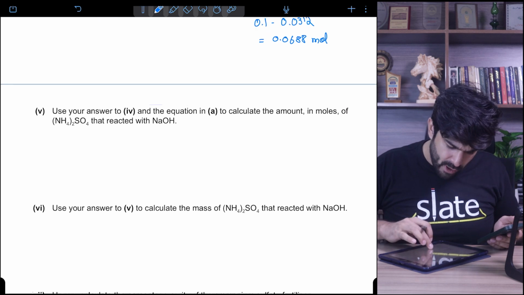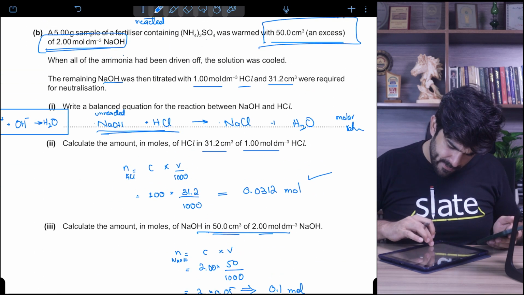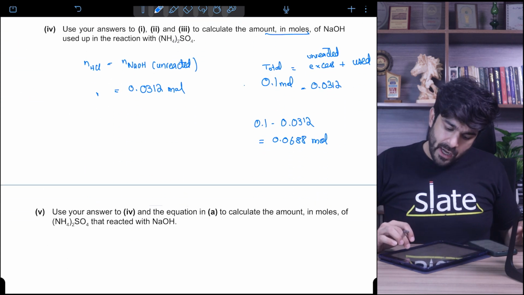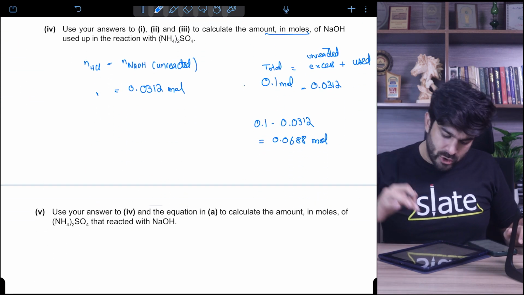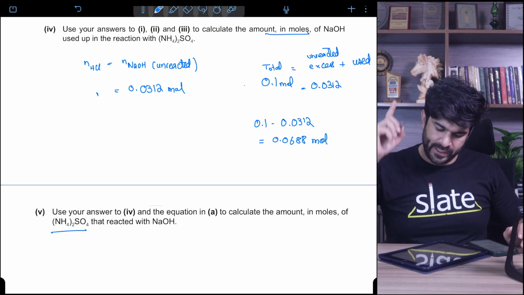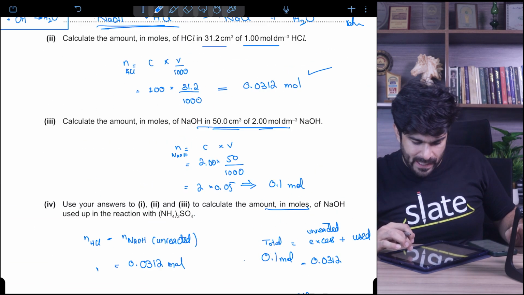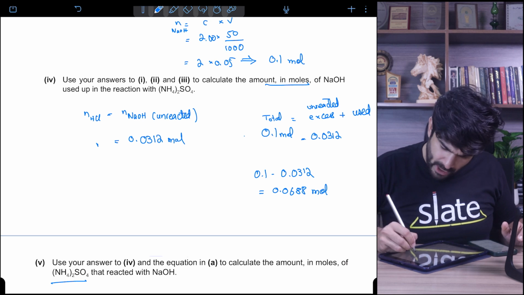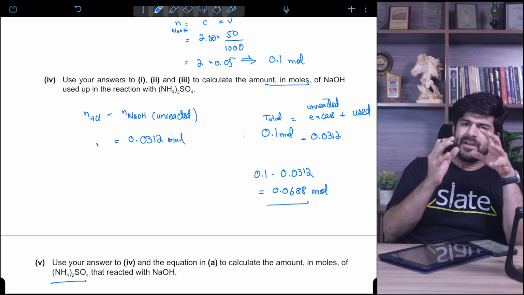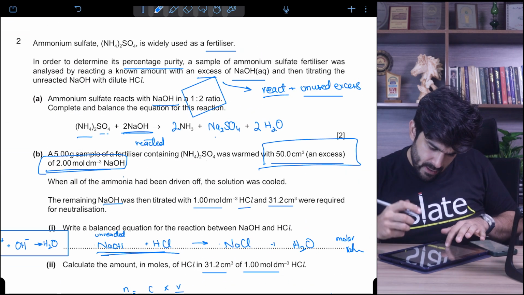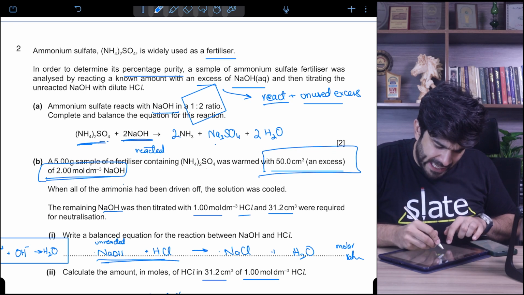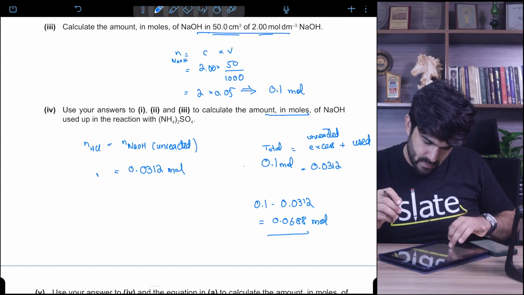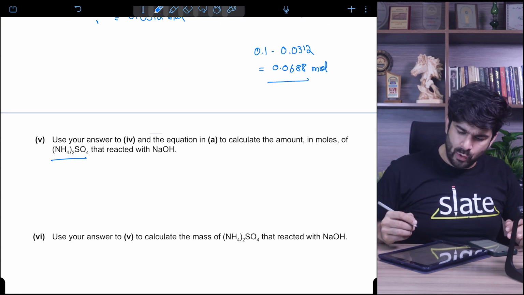Use your answer to 4 and equation A. This is equation A, the first one, to calculate the amount in moles of ammonium sulfate reacted. Like इससे हमें पता लगता है, use your answer in 4. ये 4 का आंसर है कि हमें calculate करने NH4 which reacted with this total के साथ. So how do we calculate the value?